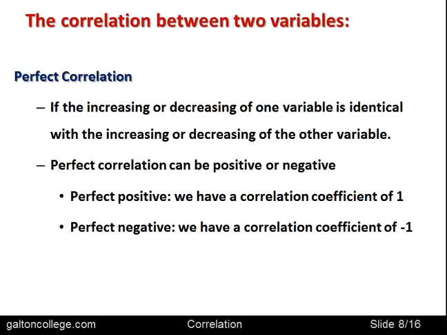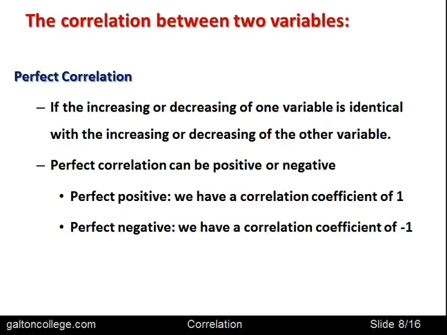A perfect correlation is when the numbers are 1 or -1. In this case, as one set of numbers increases, the other set increases by some proportion. Let's say one set of numbers starts to double and the other set starts to double. That means there's a perfect positive relationship.